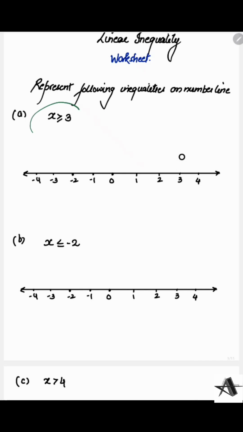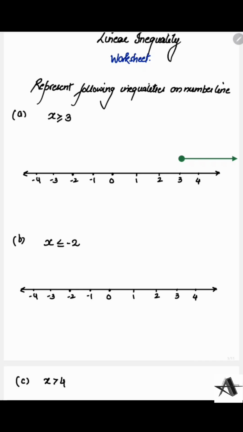So I draw a circle and then point towards the right, because right represents that x is greater than or equal to 3, and to represent the equals part I need to fill this one, and that's how I can represent it on a number line.